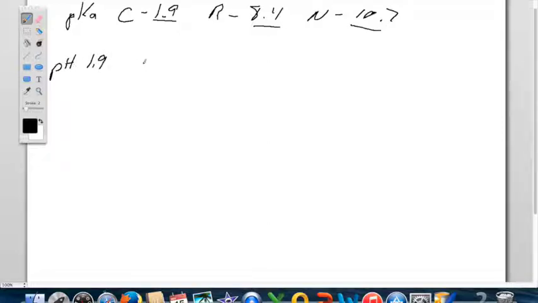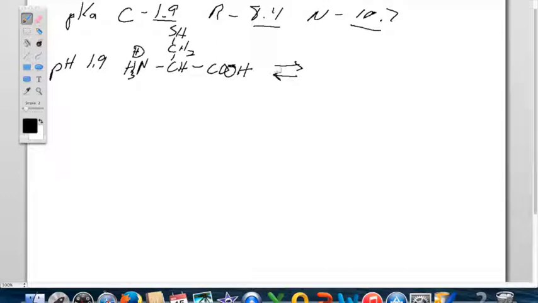When the pH is equal to 1.9, our amino group would be fully protonated. Our side chain will be fully protonated, and half of our carboxyl groups will be protonated.